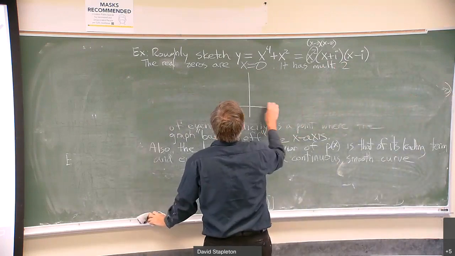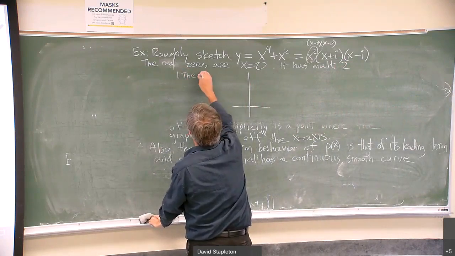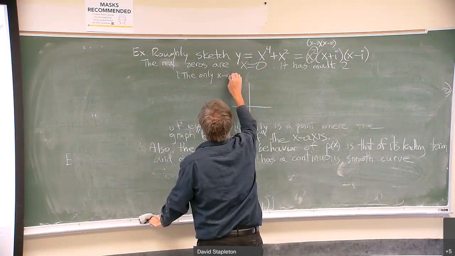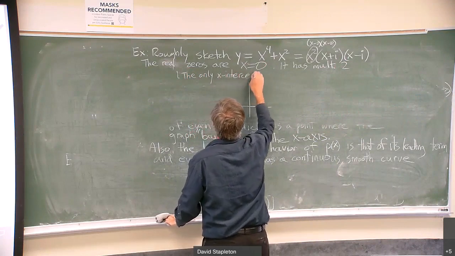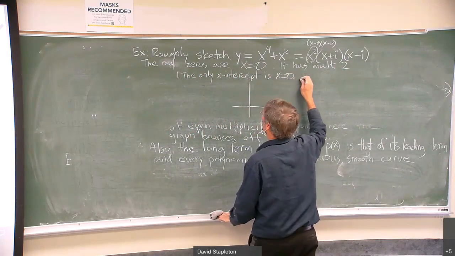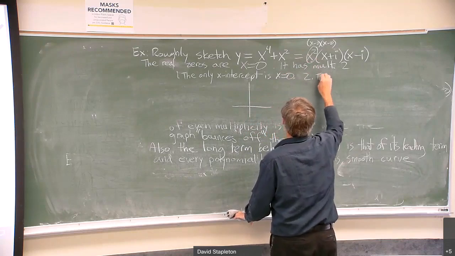And then furthermore, what's the end behavior? So 1, the only x-intercept is x equals 0. The graph bounces off it because it's an even multiplicity of 2.